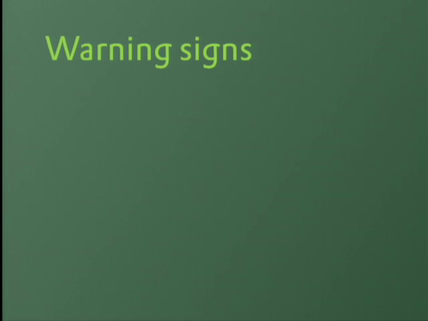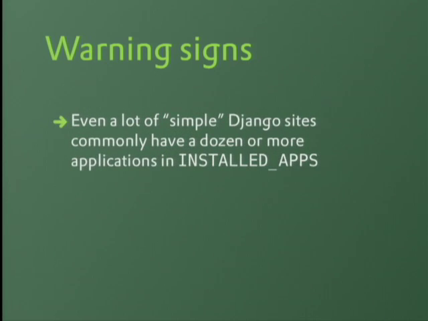Another warning sign I see a lot of times is, even if you're looking at a really simple site, like I run a weblog. My weblog has 13 applications in its installed apps list. And that's literally just for entries, links, categories, tagging, a contact form, and an about page. I have 13 applications installed for that.